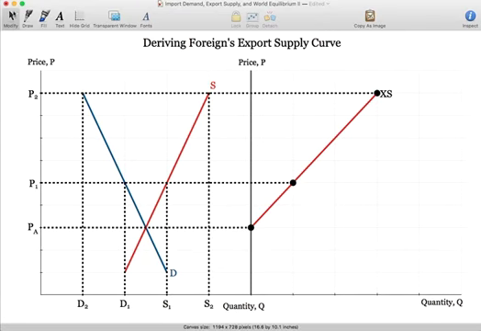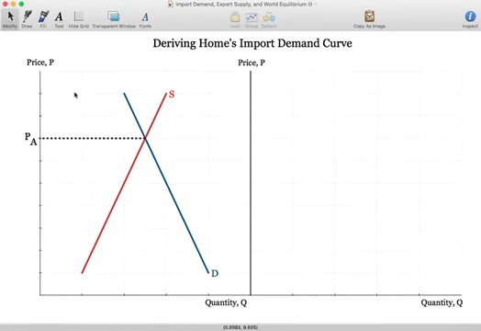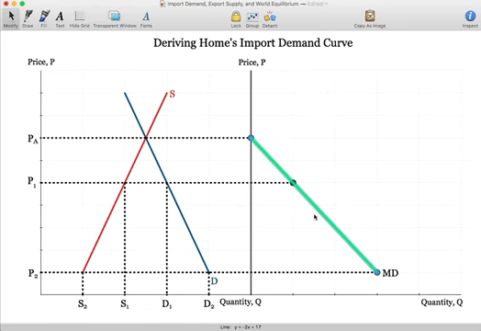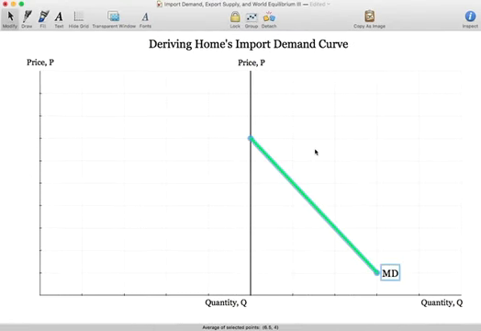So what I'm going to do here is use the information from those previous 2 graphs that I had up there to do our world equilibrium. And actually, let me delete this information out of here. We really don't need this. I'm still going to include things on the right-hand side. So I'm going to copy the import demand and paste that into this graph here.